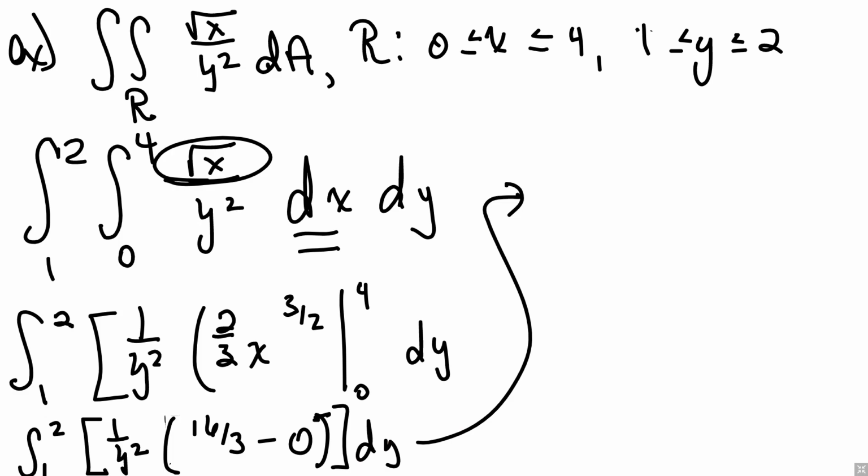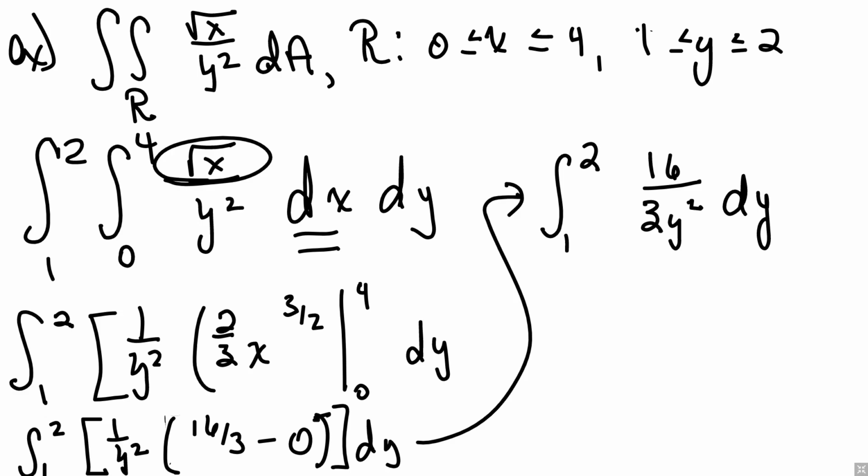So what we're going to end up with is the integral from 1 to 2 of 16 over 3y squared dy. Now, keep in mind, 16/3 is a constant, so we can pull it out. So what's the antiderivative of 1 over y squared? Negative 1 over y.